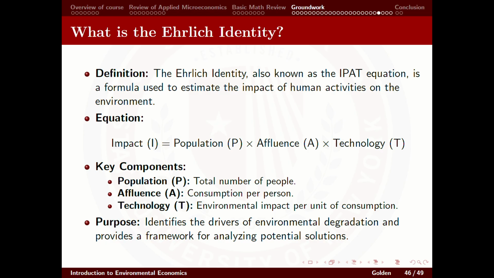So this gives you a framework for thinking about, if we increase population and we keep affluence and technology the same, that means there's going to be more environmental impact. But this also shows that technology can be a mitigating factor. If we improve technology enough, we can grow population, we can grow affluence without having to sacrifice anything. And we can decrease the environmental impact by having better technology.